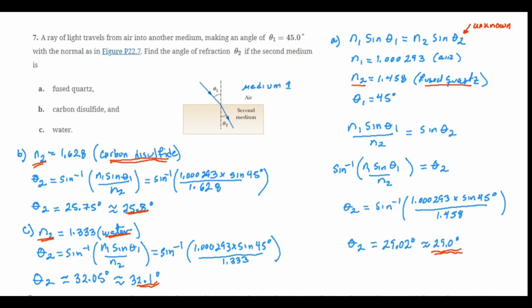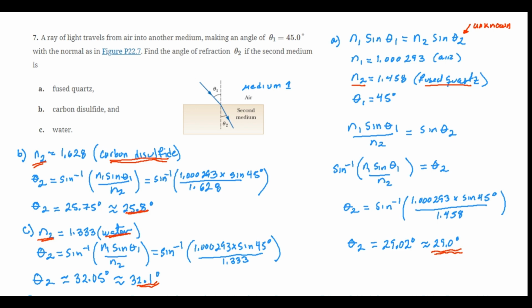The refractive index of the fused quartz was lower than the refractive index of the carbon disulfide, right? But we found that the angle of refraction of the fused quartz is higher than the angle of refraction of the carbon disulfide.